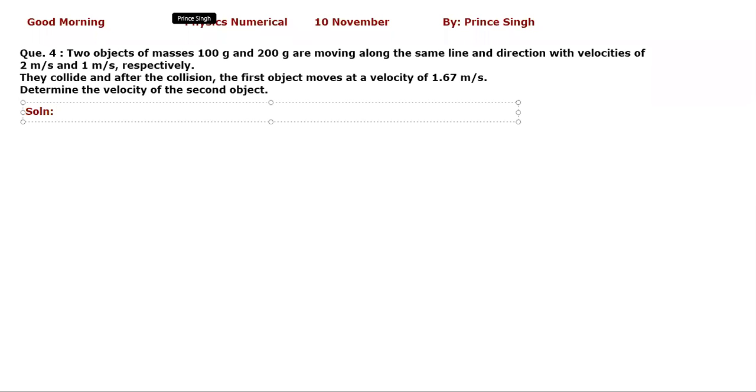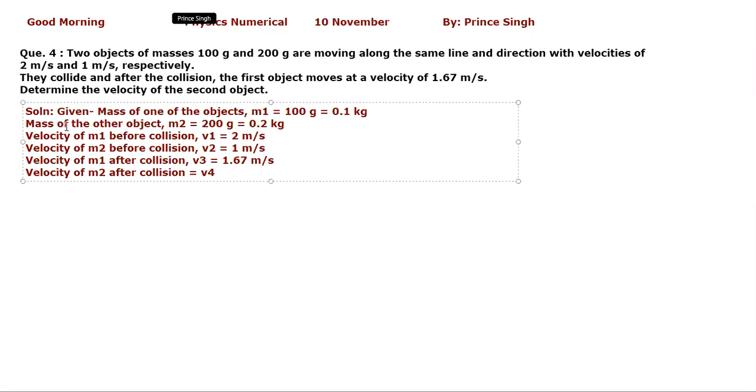So how will it be solved? First, what will we write? First, we will start with the given. So what are the things given? Mass of one object 100 gram, that means 0.1 kg.